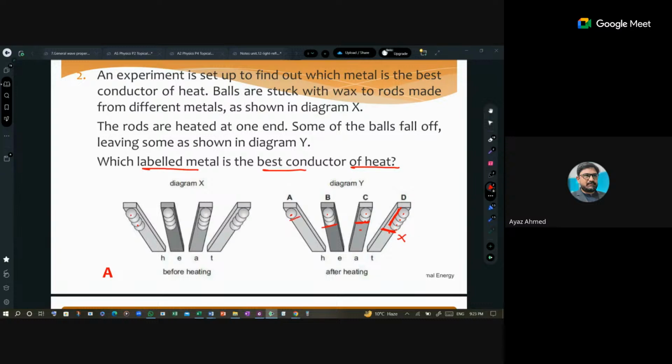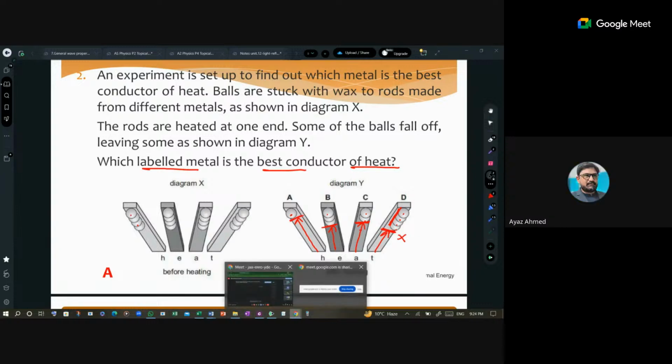In metal A, the wax has melted up to ball 1. Heat is transferred from this end to this end. In which rod is heat transferred over a longer length? A. So that's why it is the good conductor.